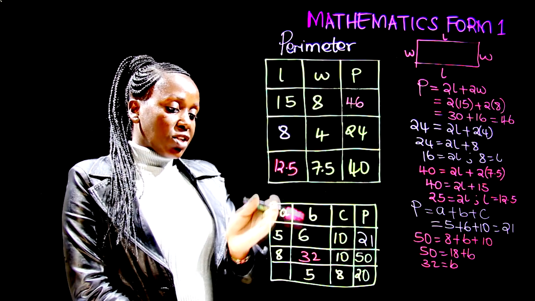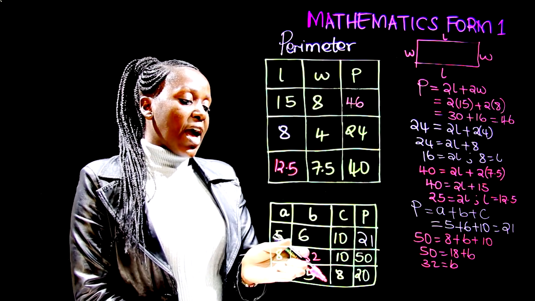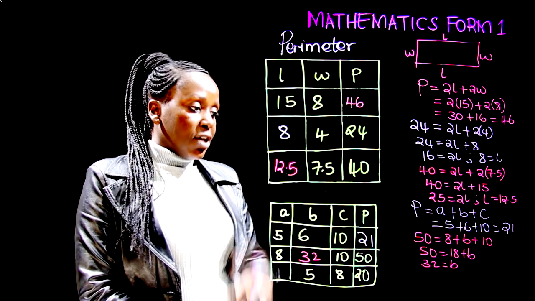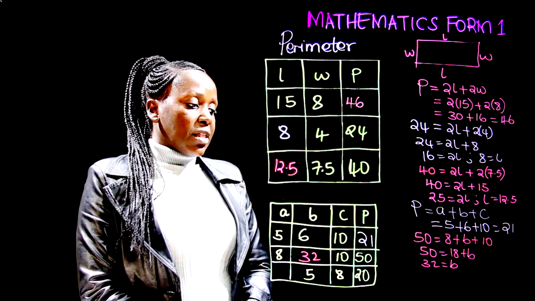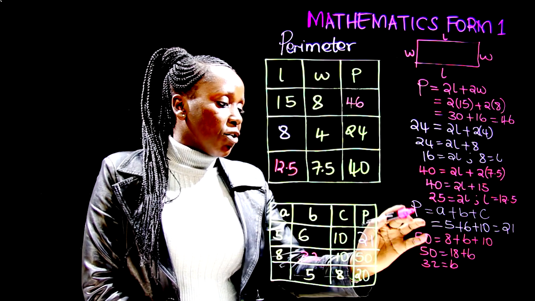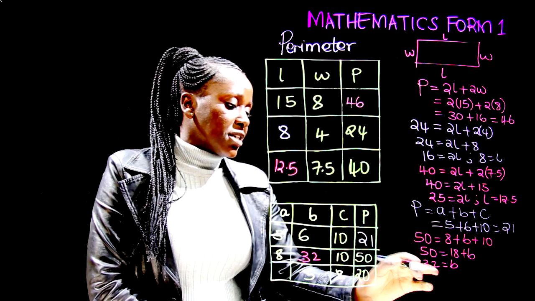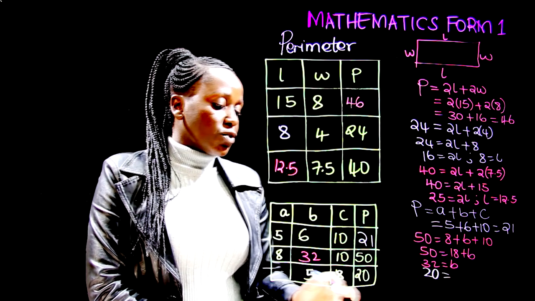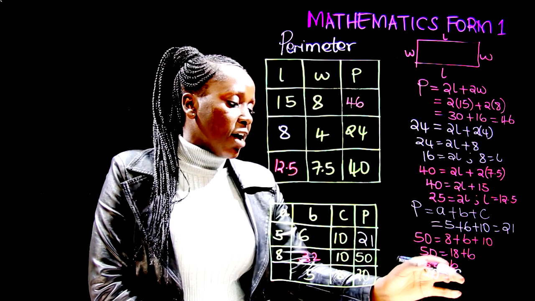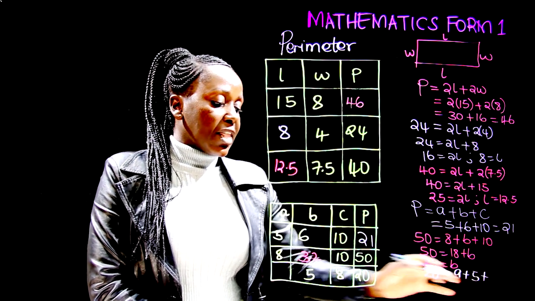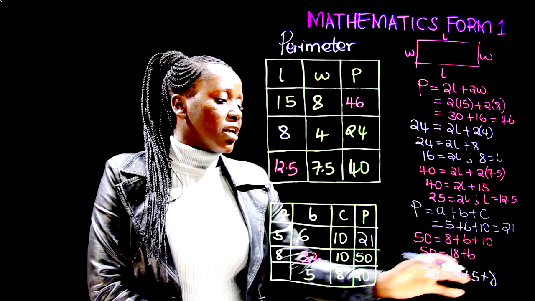Now what if we don't have A, but we have B and C, and we have the perimeter? So it is the same case. The perimeter is 20. According to this formula, we are going to substitute. So the perimeter is 20, which is equal to A, we don't have A, B is 5, and then C is 8.